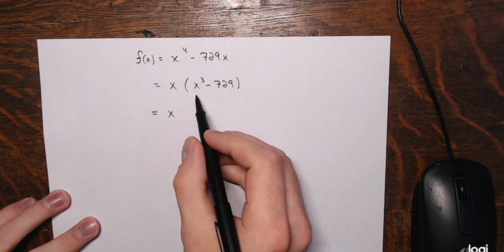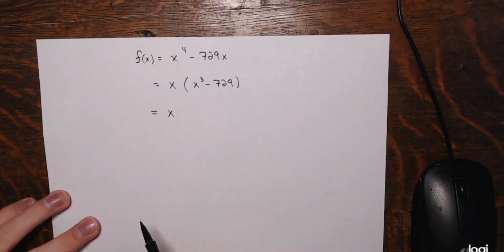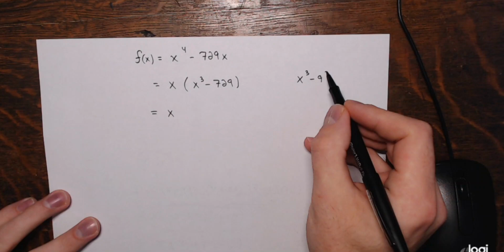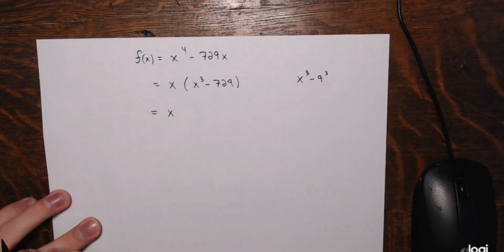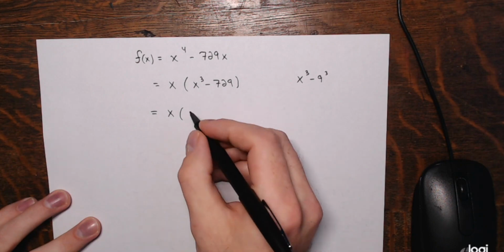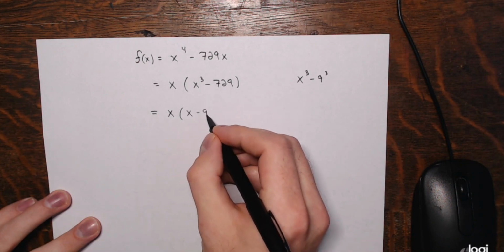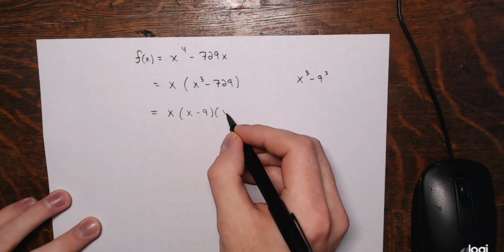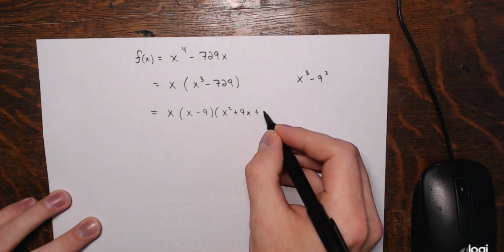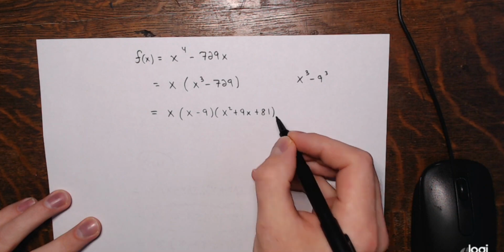And this x cubed minus 729 is actually a difference of cubes. This is x cubed minus 9 cubed. I'm hoping you remember how to factor a difference of cubes. That would factor to x minus 9, and then times x squared plus 9x plus 9 squared, or plus 81.